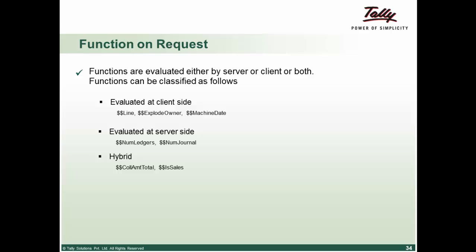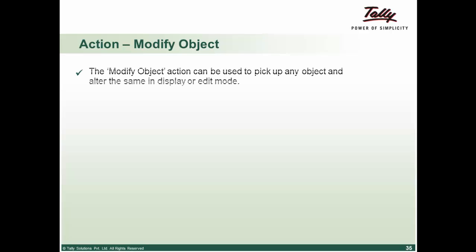Then we have certain functions like empty total, is sales, where it depends on where you have called it. If you have already called it into a collection that exists, it will get evaluated at the client side. If it does not exist, it will go to the server to fetch the value. So that's a hybrid behavior.